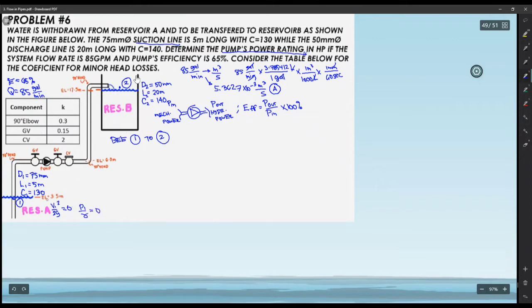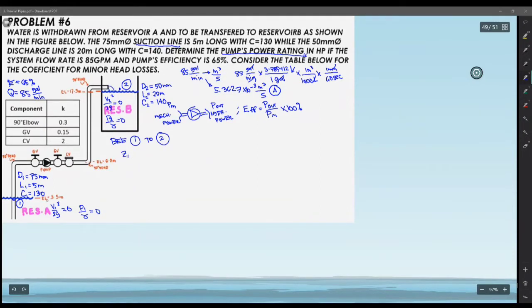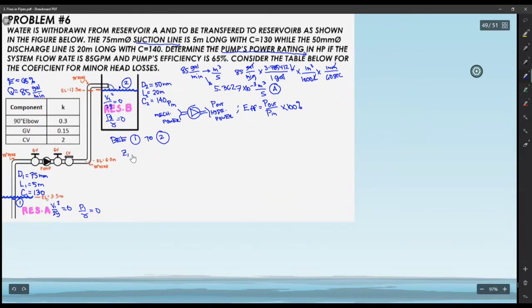The same thing applies for point 2, or reservoir B: the velocity head is equal to 0, and also the pressure head. Okay, so what is left? At point 1, what is left is the elevation head, or Z sub 1, and then minus the summation of our head losses.